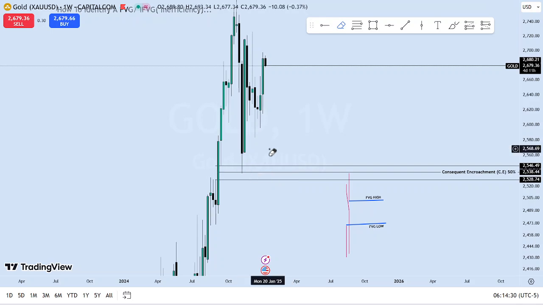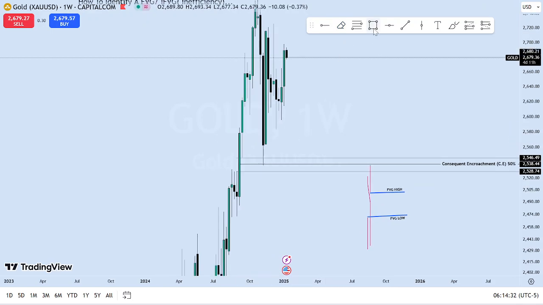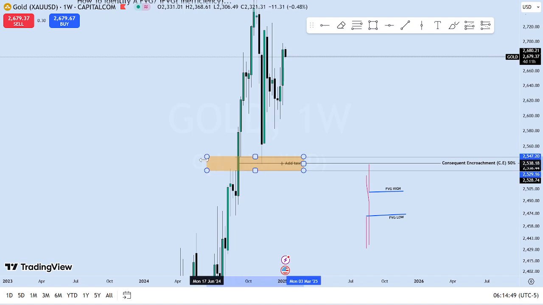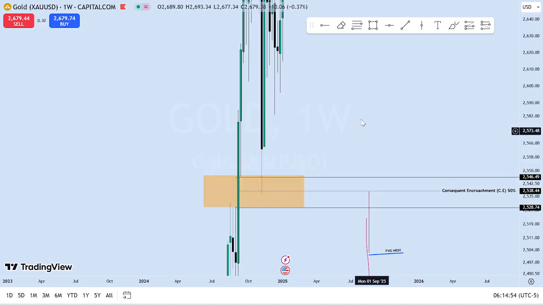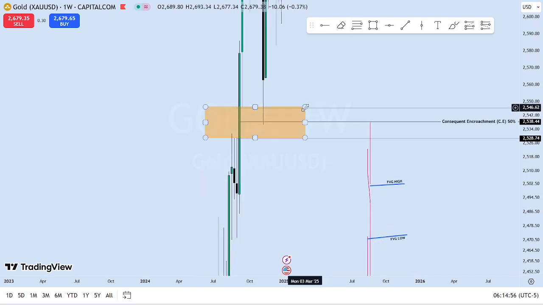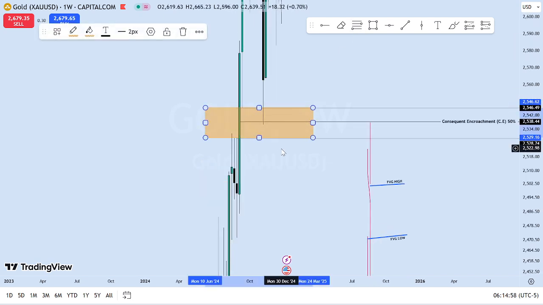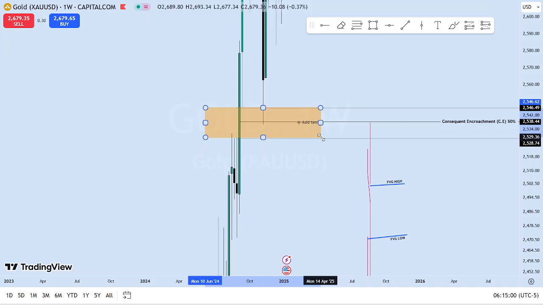So to annotate it with your rectangle, if you want to annotate it instead of using a line, this is how you annotate it. You anchor from the low of this wick to the high of that other wick. You see, it must touch at the high and at the low.